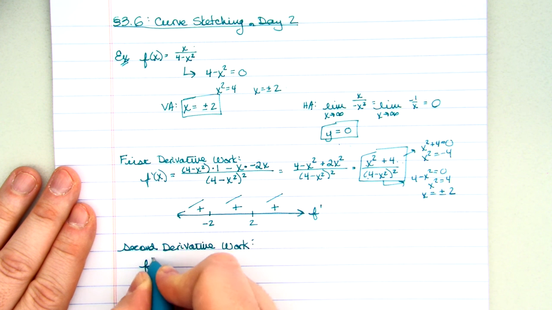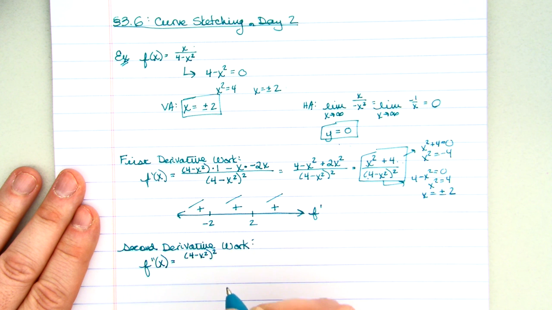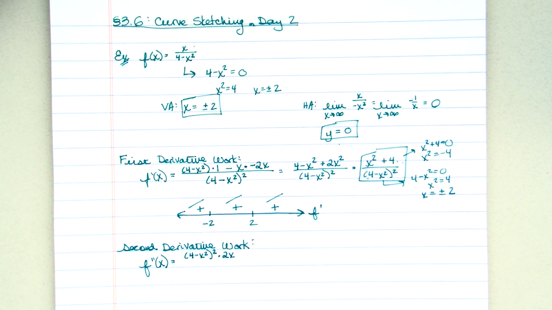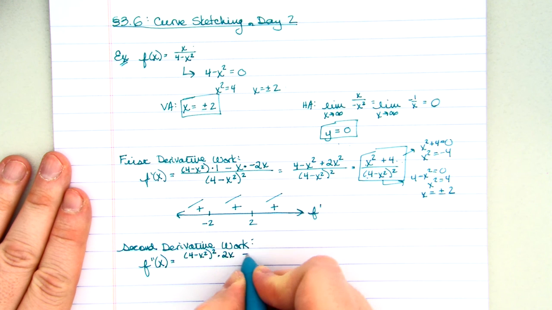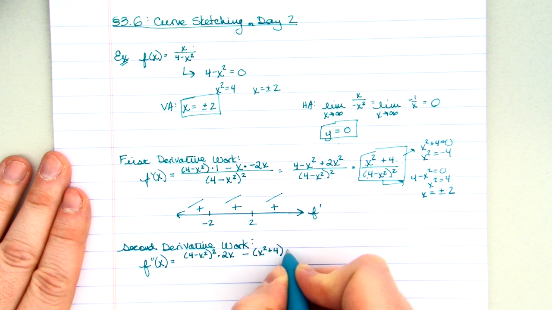F double prime of x is going to equal low, (4 minus x squared) squared, d high times 2x. See if you can go do your high d low. High x squared plus 4, make sure you're being good with parentheses here.